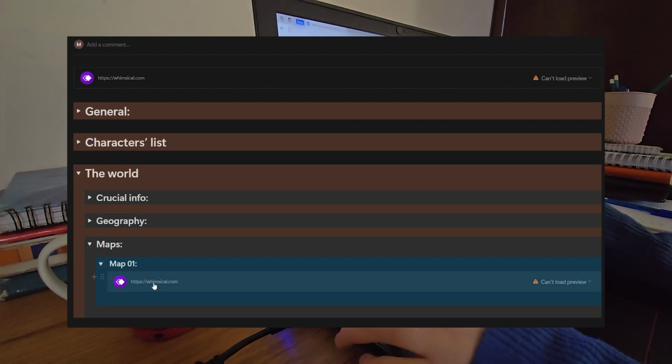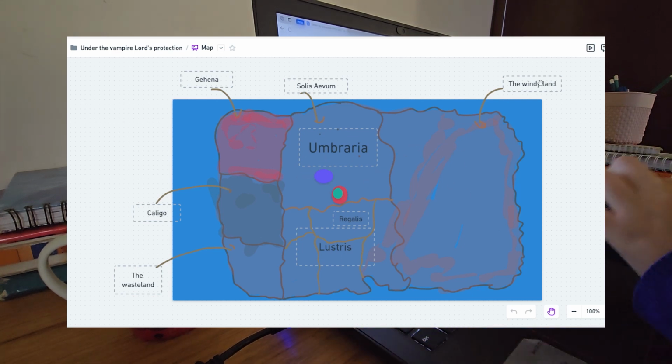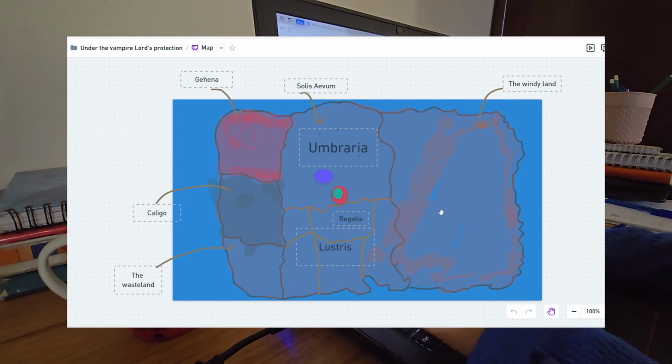I have a map that I've scribbled on paper, but what I have settled on is the fact that the kingdom is sandwiched between a large stretch of land dubbed the Windy Land from east and 3 smaller, I wouldn't call them kingdoms, but they are distinguished by their extreme conditions of weather and nature, where only specific species can survive, thus preventing humans and many of the creatures from even attempting to conquer those lands.